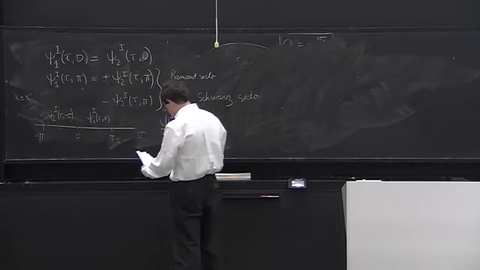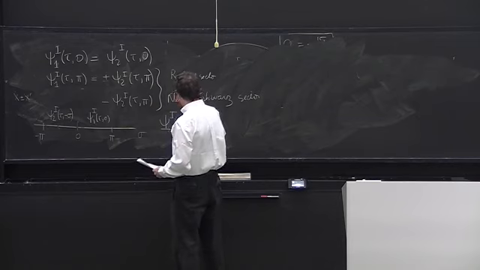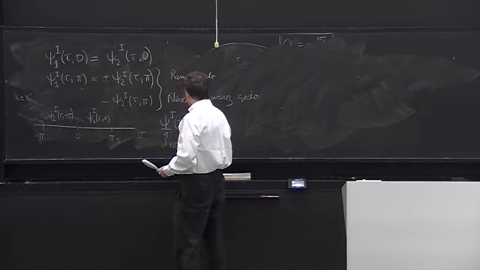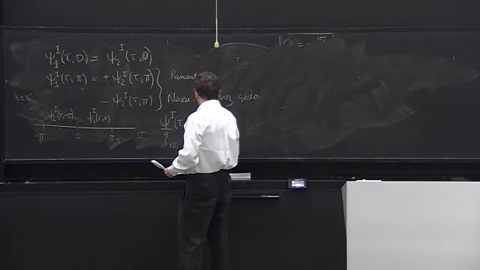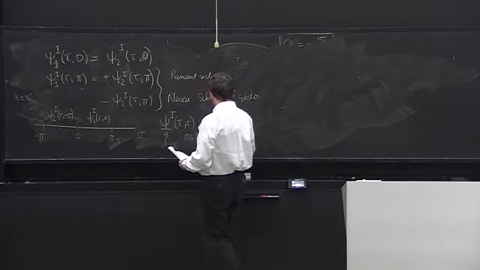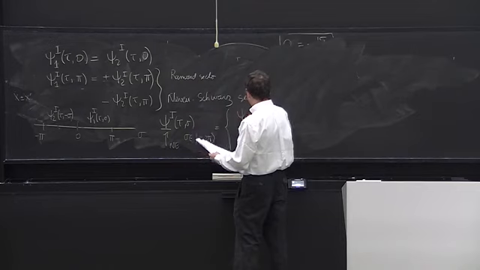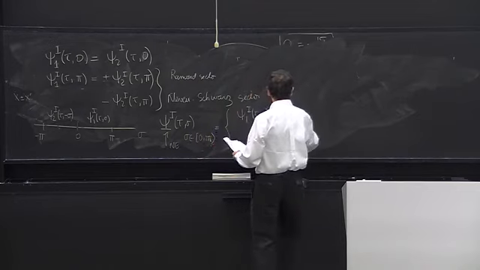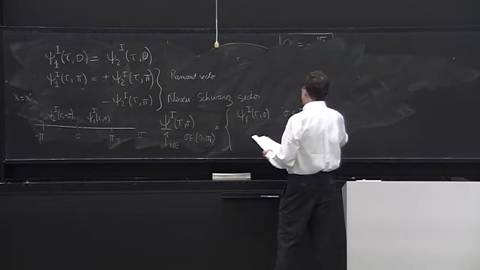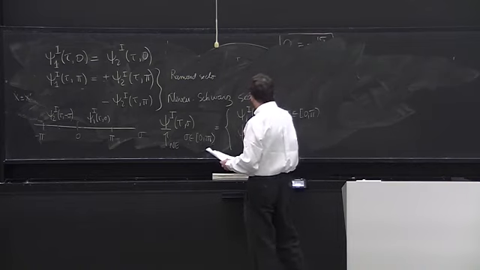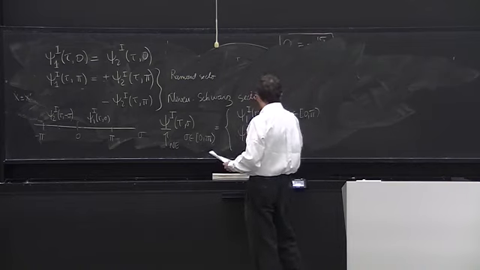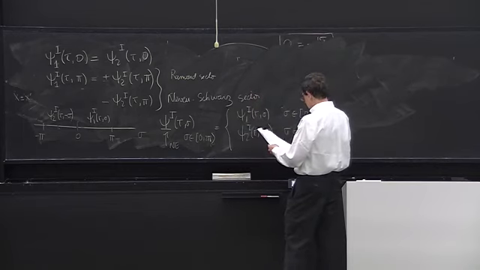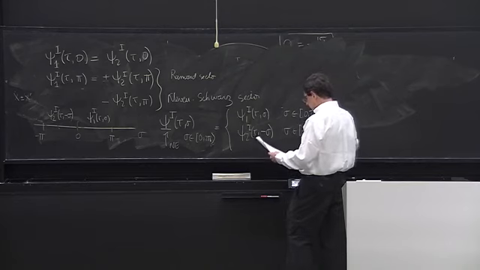So we can say that psi I of tau and sigma, the new field that lives from sigma minus pi to pi, is going to be psi1 of tau sigma for sigma in 0 to pi, and it's going to be psi2 of tau minus sigma for sigma between minus pi and 0.